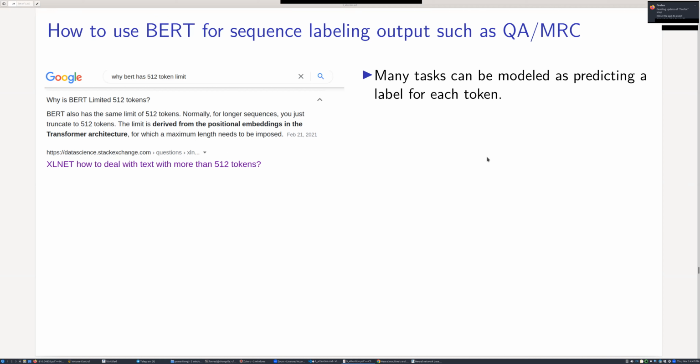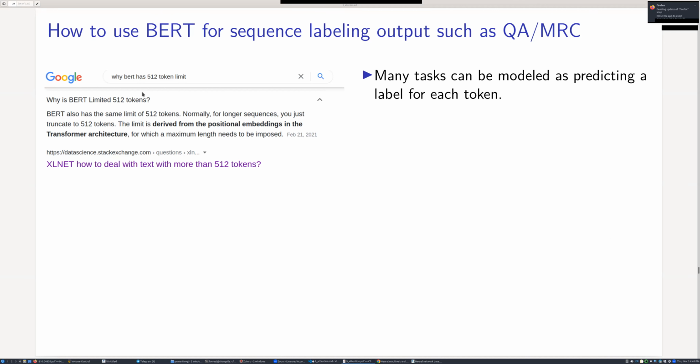So let's talk about a special case. How do we use BERT for a sequence labeling task? This is a task that happens quite frequently. For example, there's a real use of it which you can see in Google already. If you ask Google a question, Google usually gives you a snippet answer, right? They will find a paragraph on a web page, and then highlight the answer corresponding to the question you asked.